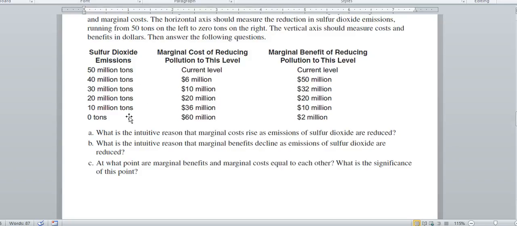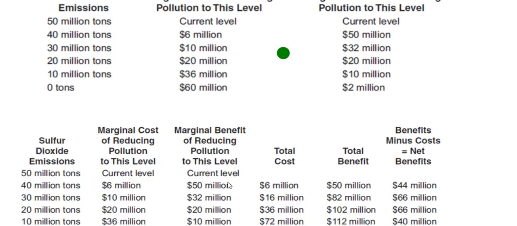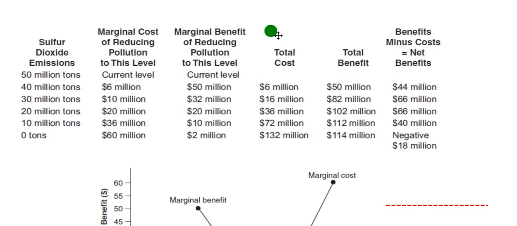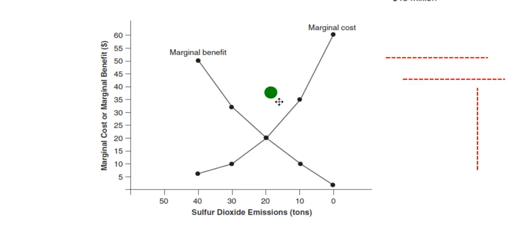Okay. So what we want to do with this is first draw our graph. So we want to come down here and look at our graph. Let me grab my little green bouncing ball here.